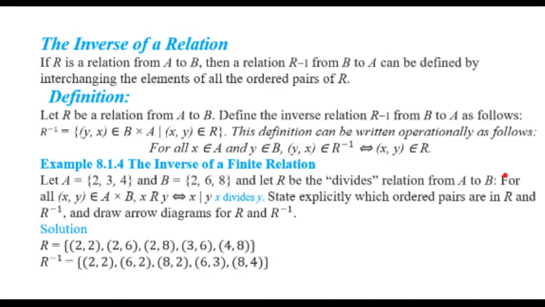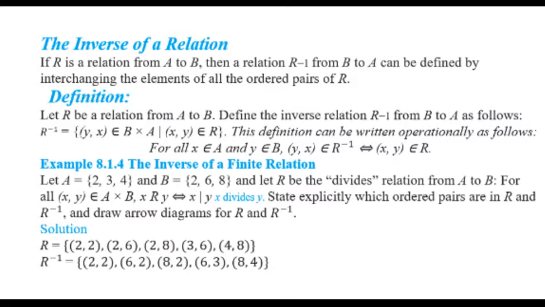For all ordered pairs (x, y) belonging to A times B, or the cross product of A and B, we can say x is related to y if x divides y. So R denotes the divides relation.